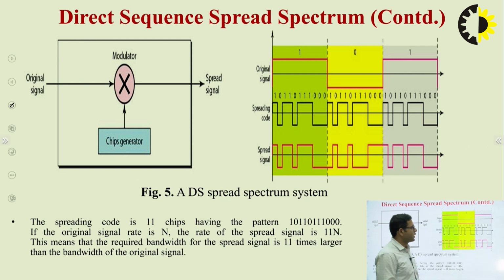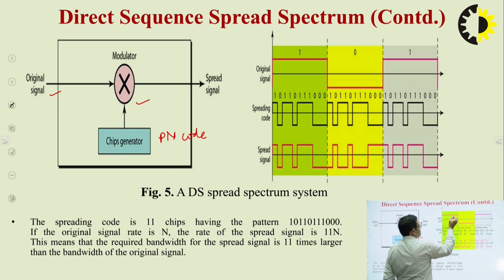Here, the working of direct sequence spread spectrum is shown in the figure. This is simply a multiplier in which the original signal and the chip generator, which is a PN code, are multiplied, and the result of this multiplication is a spread spectrum signal. Here, the red line represents the original signal and the black one represents the PN sequence.